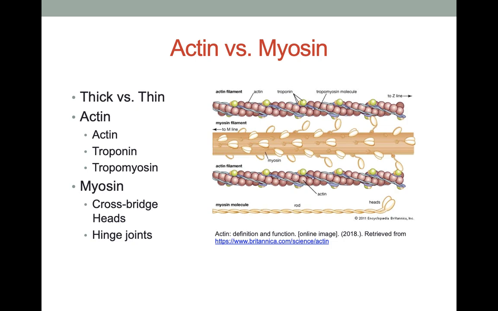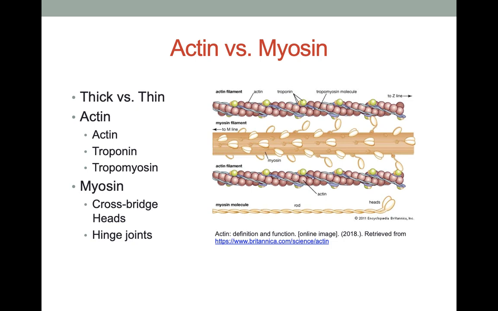These are pretty important as we go through the sizes. The actin is 5 to 8 nanometers in diameter and about 1 micrometer in length. Also, troponin has what we call a calcium binding site, which is going to come into play pretty importantly in a couple slides.